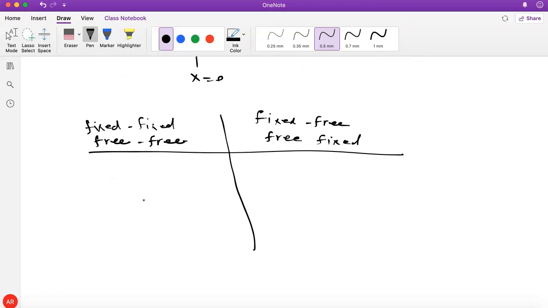As an example, let's just draw the fundamental standing wave. That's the one with the longest possible wavelength and the lowest possible frequency.